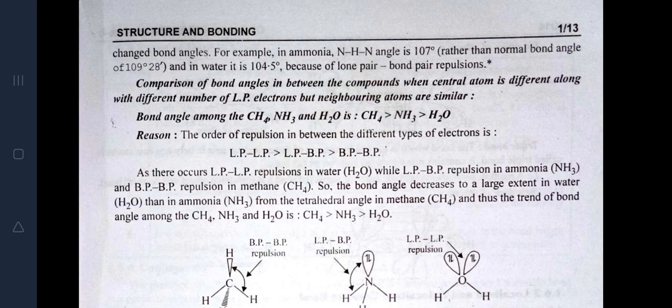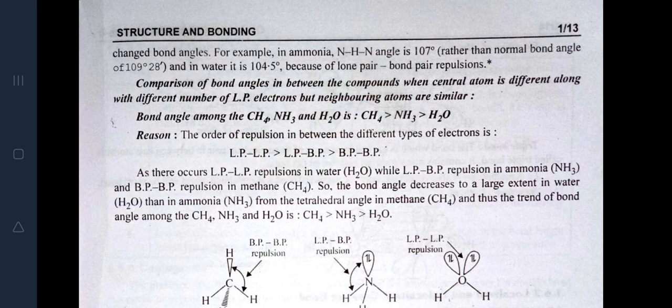Now, comparison of bond angle between compounds when the central atom is different, along with a different number of lone pair electrons, but the neighbors are similar. The bond angle among CH4, NH3 and H2O is CH4 greater than NH3 greater than H2O. Reason: the order of repulsion between the different types is lone pair-lone pair greater than lone pair-bond pair greater than bond pair-bond pair.